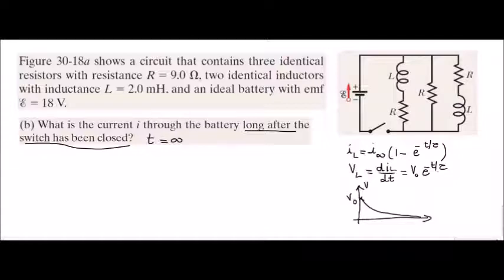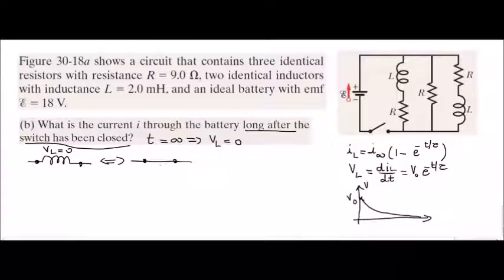What is the value of the potential at t equals infinity? VL equals 0. Now we have an inductor, and we are saying that VL is 0. What does it mean? These two points have the same potential, so I can replace them with a wire. So the inductor behaves as a closed wire.